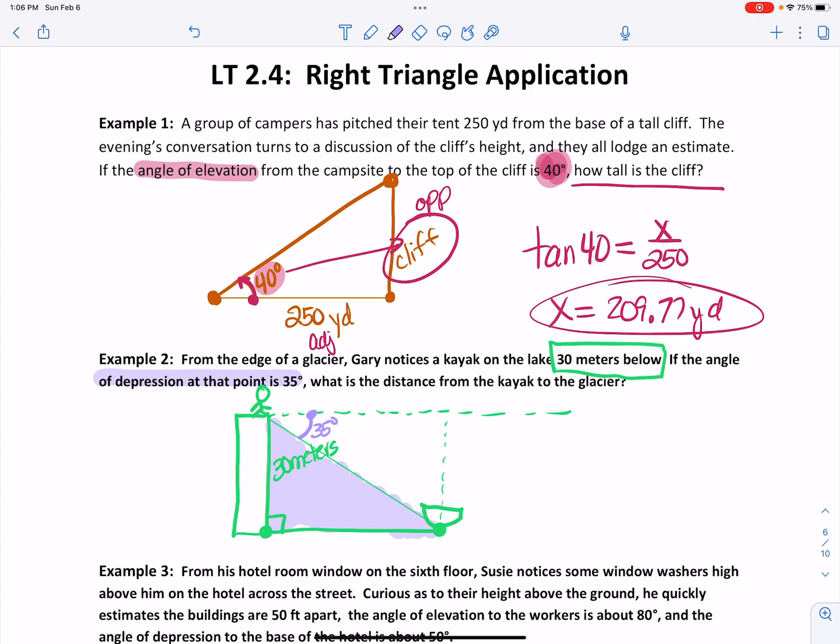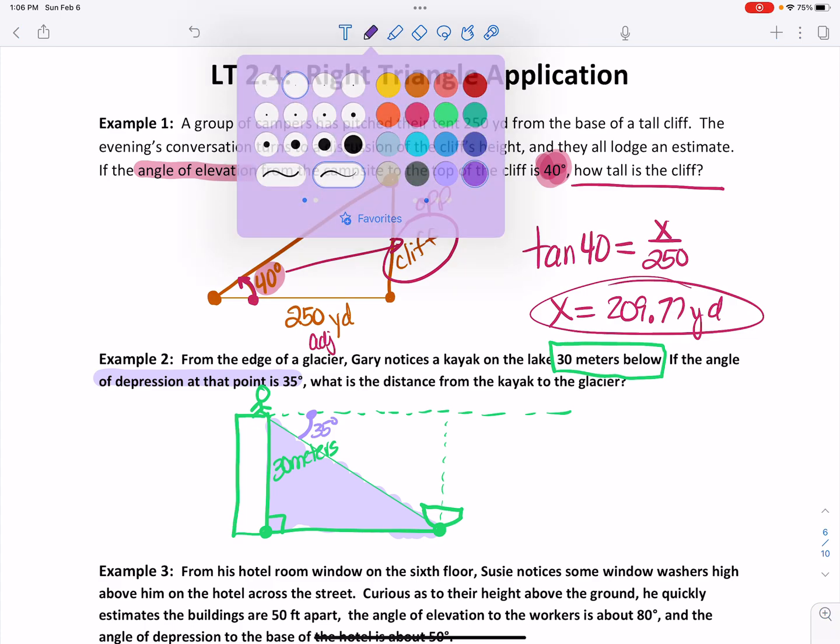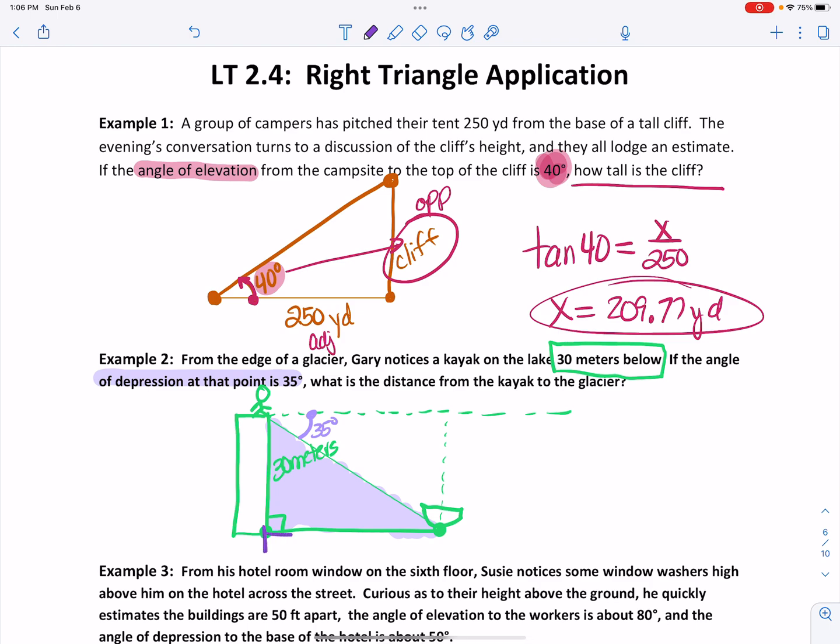I want to know the distance from the glacier, which is right here, to the kayak, which is right here. You know it's along the perpendicular because it's easy to understand. I can't drop a measuring stick to there, but I could go on the glacier, I could go into the water on the lake out that far.